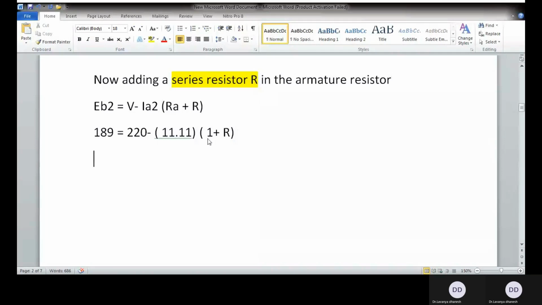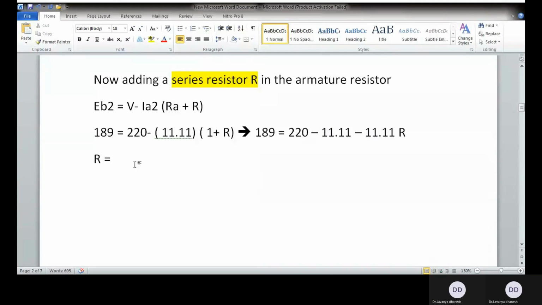Yes, anybody can answer me. So substitute this value. Here what will we get? 189 is equal to 220 minus 11.11 minus 11.11 into R. That's all.